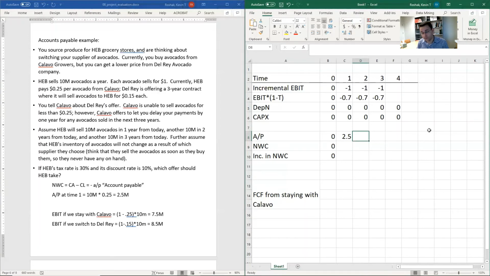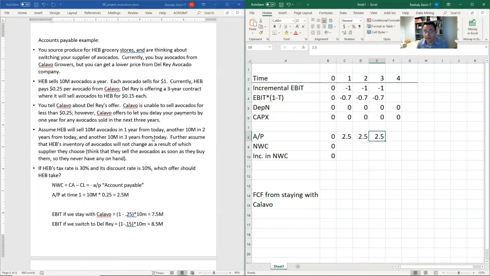Okay, so from time 1 to time 2, we drop our accounts payable by 2.5 million, but then we increase it by 2.5 million for the avocados that we haven't paid for yet. So the balance stays the same. Right? This is just like our accounts receivable example, except now it's an accounts payable. You're just replenishing the accounts every period. So time 1, time 2, time 3, we're buying from our supplier, but we're not paying them until a year later.